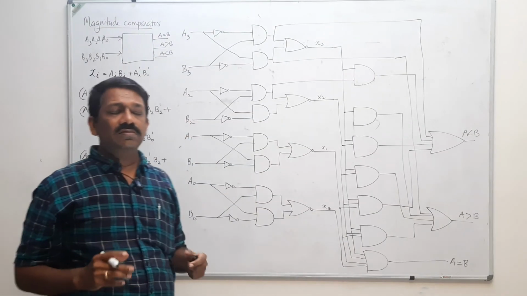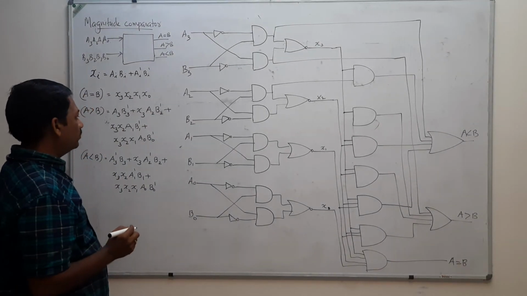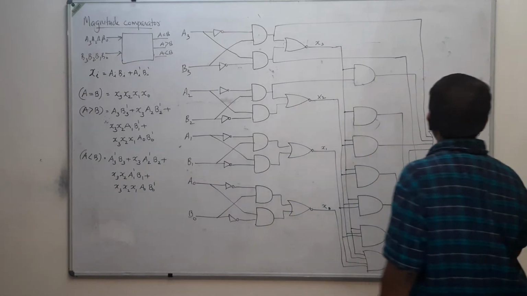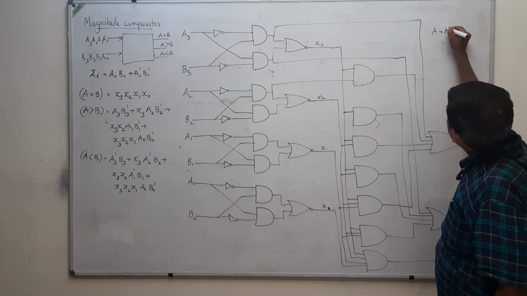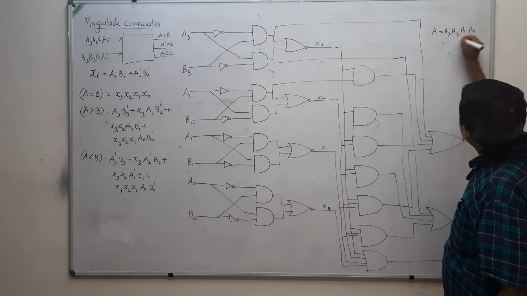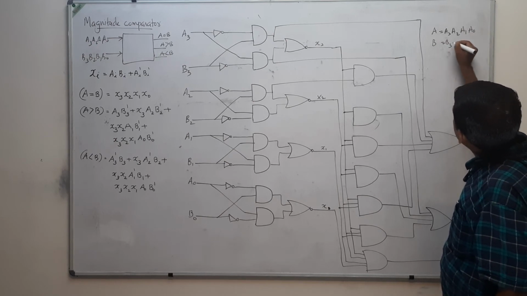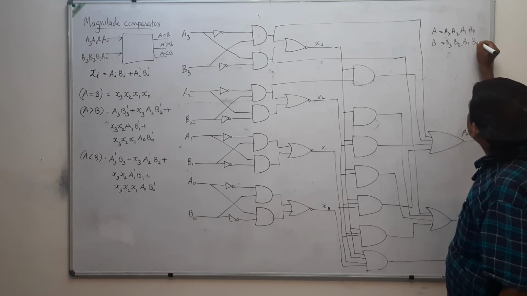Now, how is this achieved? For that you have to study some details about this. For example, if you have A is equal to A3, A2, A1, A0, and B is equal to B3, B2, B1, B0.